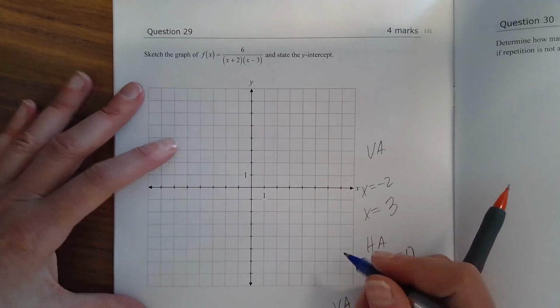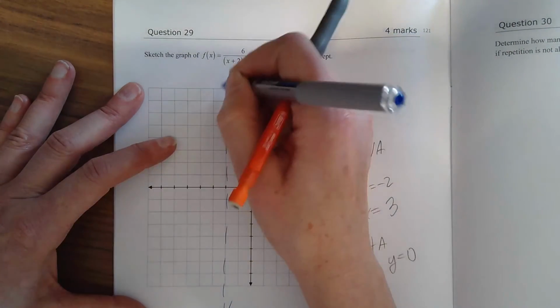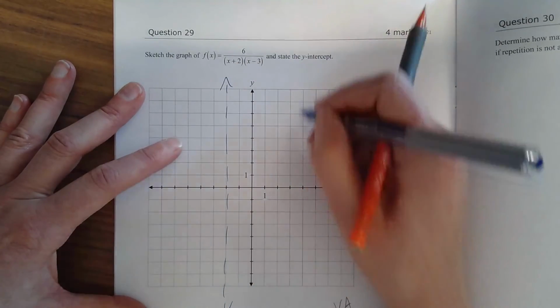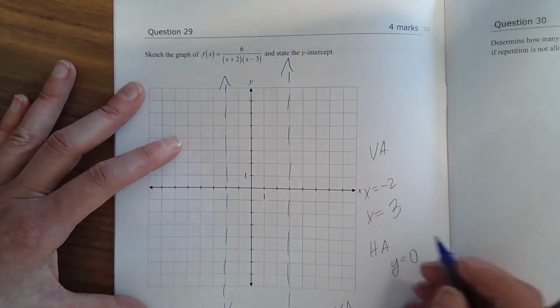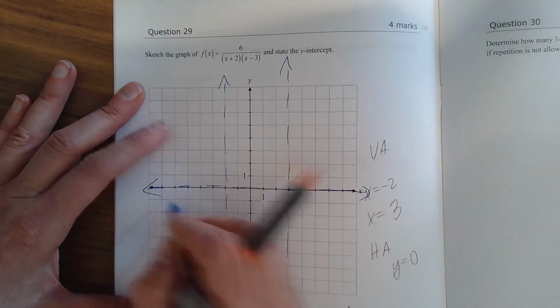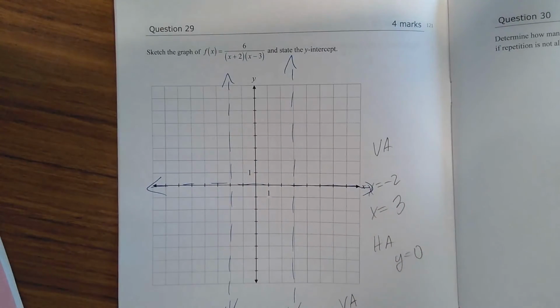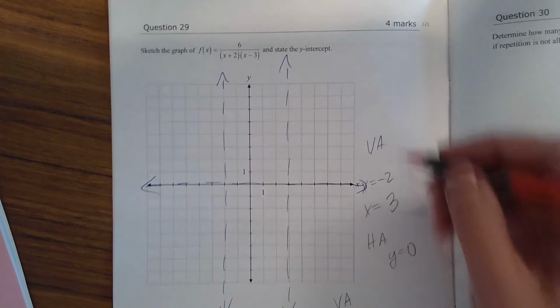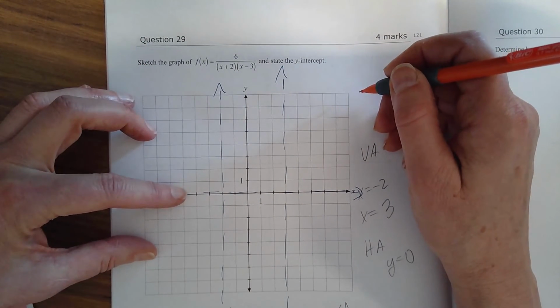So I'm going to do a negative 2, and I'm going to do a positive 3, and then I'm just going to sketch this in. So I have 3 sections I have to graph: 1, 2, 3. The other thing that we always did, or I don't know if you remember or not, is that it doesn't look like there are any x-intercepts.